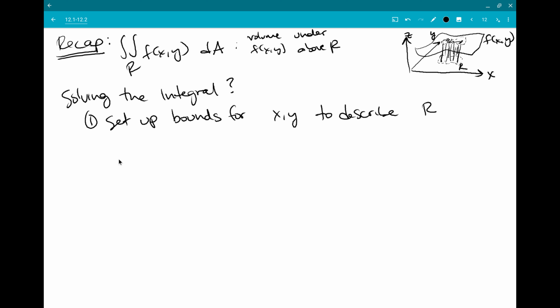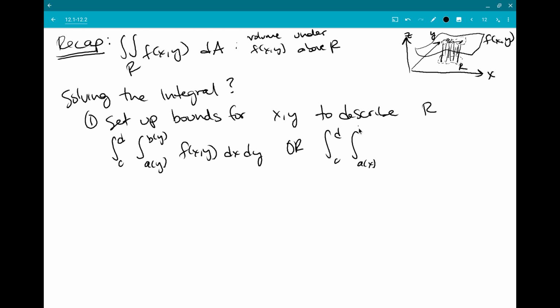And you can do that in one of two ways. You can integrate with respect to x and then y, or you can integrate with respect to y and then x.